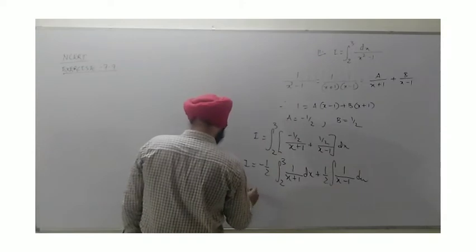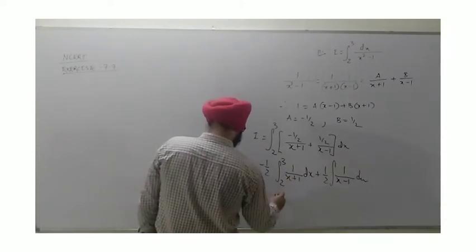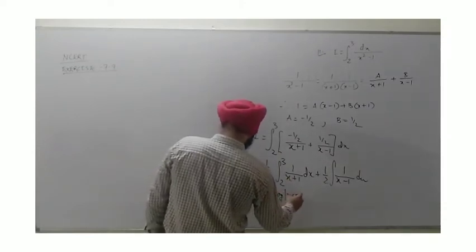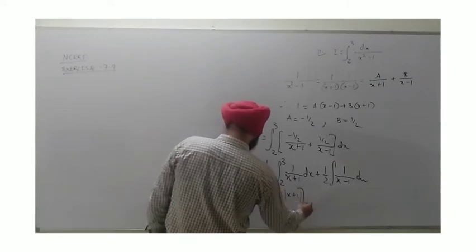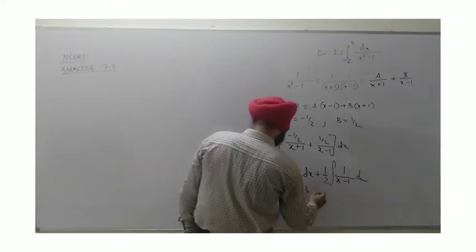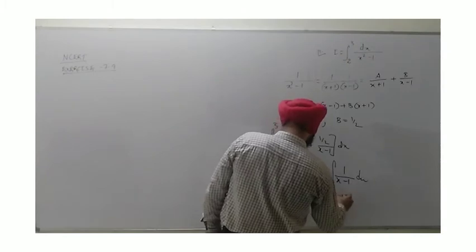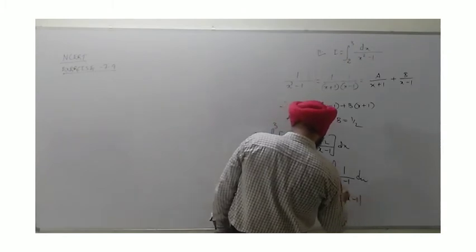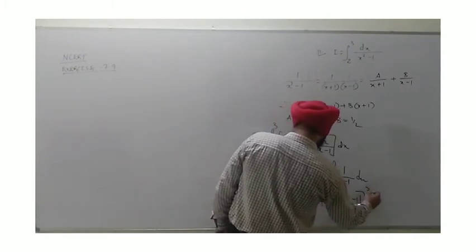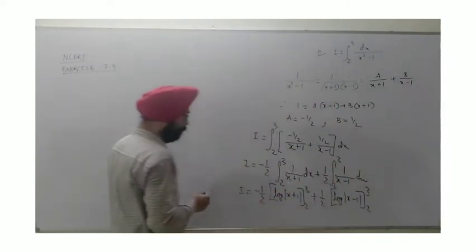This can be written as I equal to minus 1 by 2 log of mod x plus 1 from 2 to 3, plus half log of x minus 1 from 2 to 3.